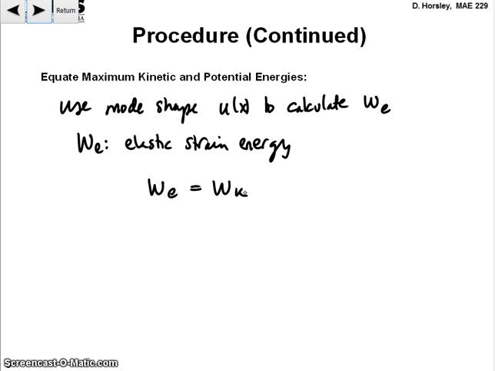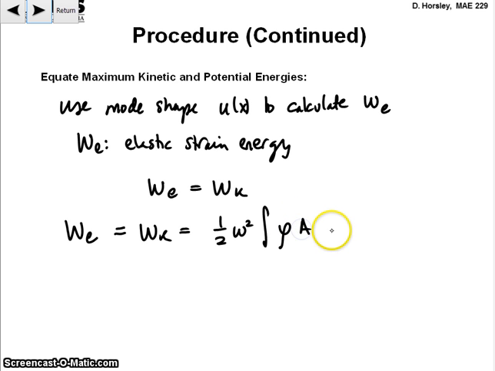So we end up, I'm not going to write what WE is because it's complicated, but WE is going to be equal to WK, which is equal to, it turns out, 1/2 omega squared times the integral of rho A u squared of x dx.